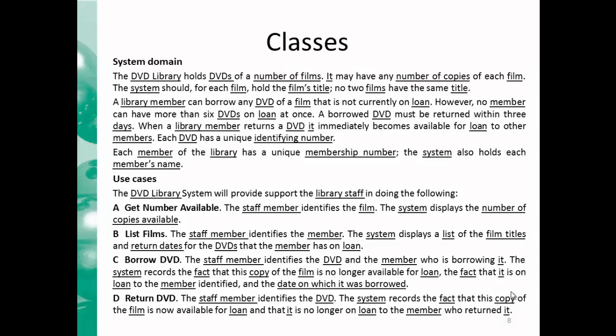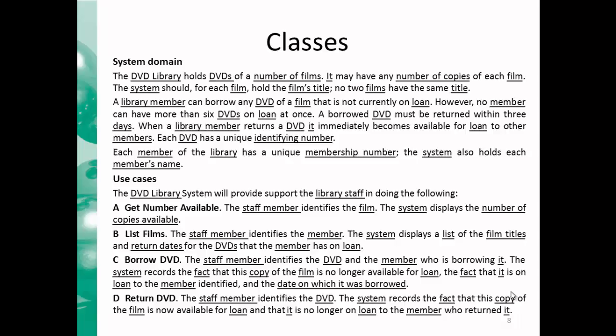Here's an example of the system domain for a library or a DVD library. As you can see from this slide, all nouns and noun phrases are underlined. So all nouns and noun phrases are candidates to be classes in this system.